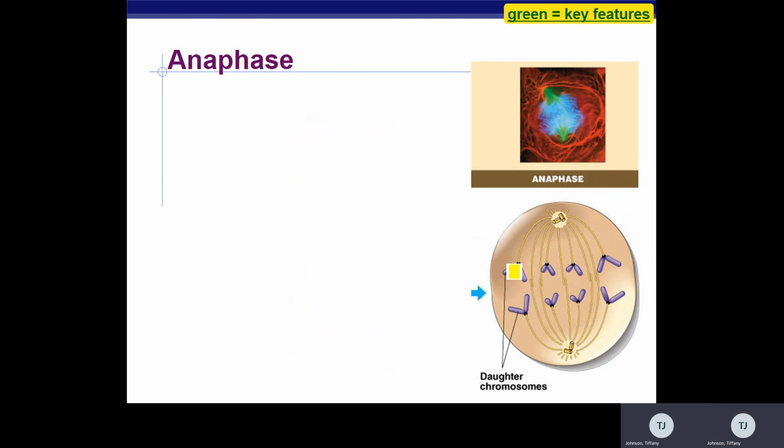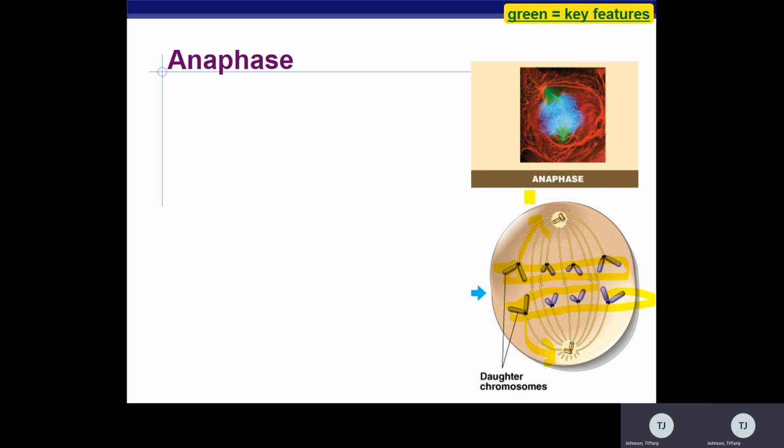So your sister chromatids are being pulled in opposite directions. Don't forget, this chromatid has the exact same information as this one. So all of these are going to be in this new cell, and these chromosomes will be in the other new cell.